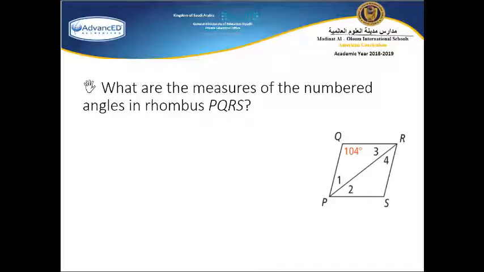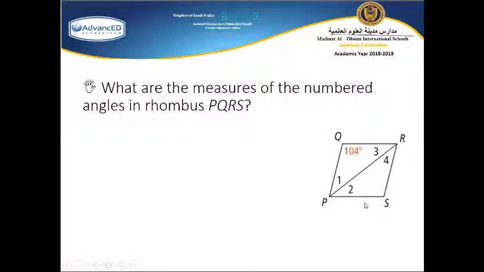What are the measures of the numbered angles in the rhombus PQRS? Here we have diagonal PR, and we know that the diagonal bisects the opposite angles, bisects angle P and bisects angle R. That means the measure of angle 1 equals angle 2 equals angle 3 equals angle 4.